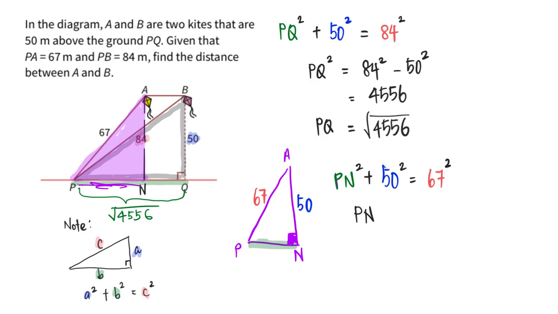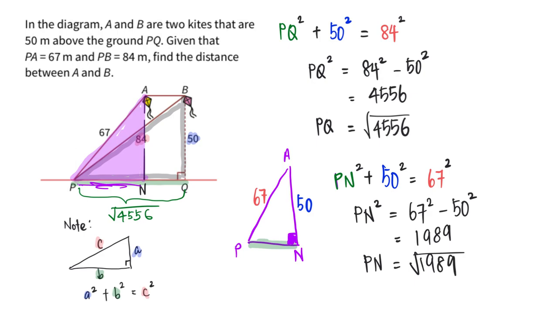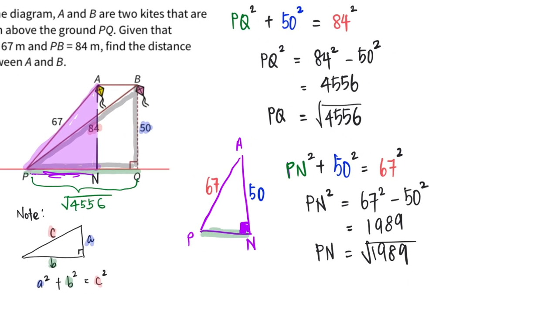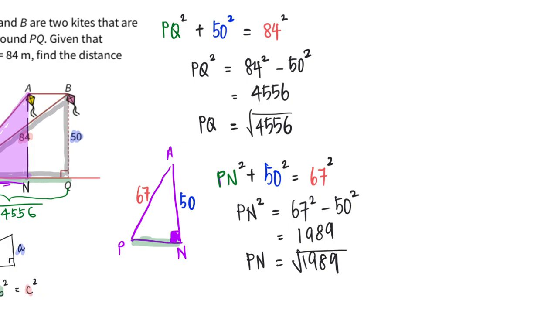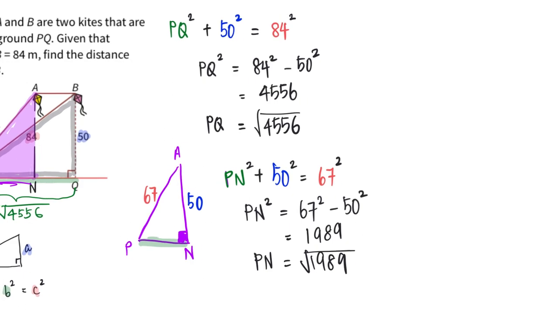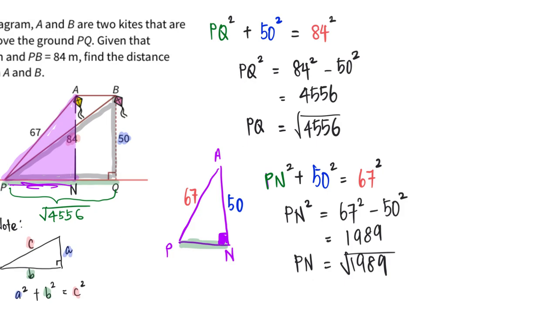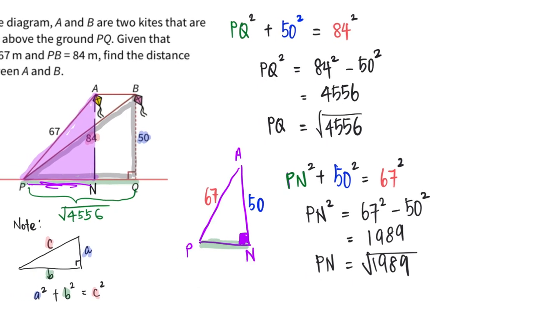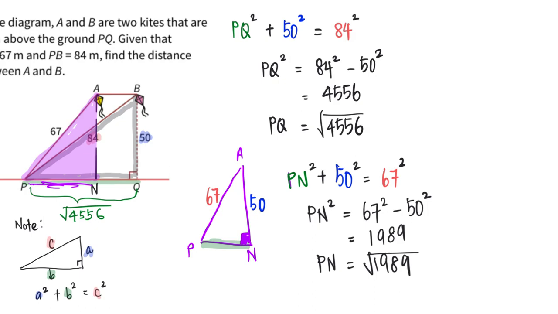I will be able to get my PN eventually as the square root of 1989. Again, I do not find the 3SF figures because this is the most accurate figure.